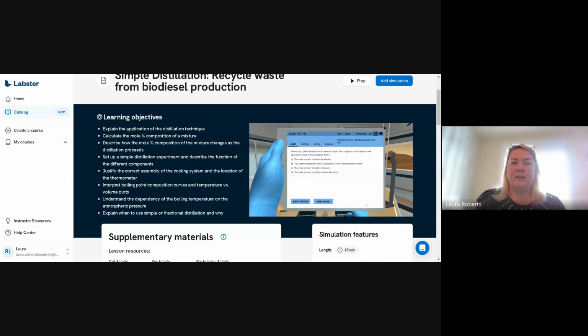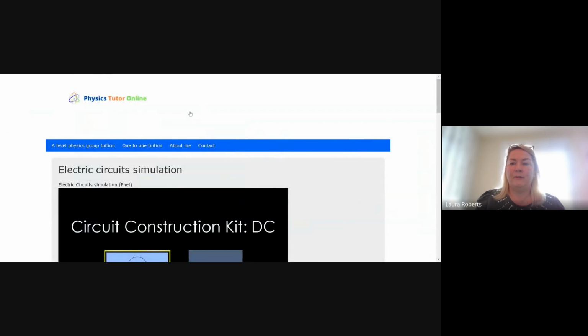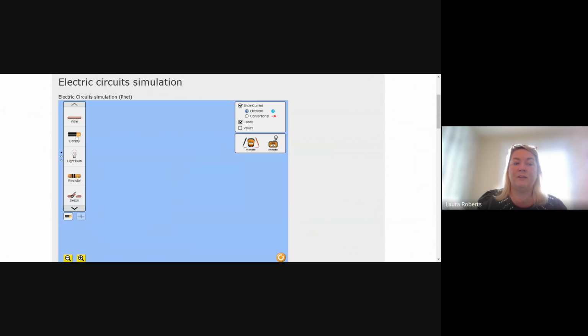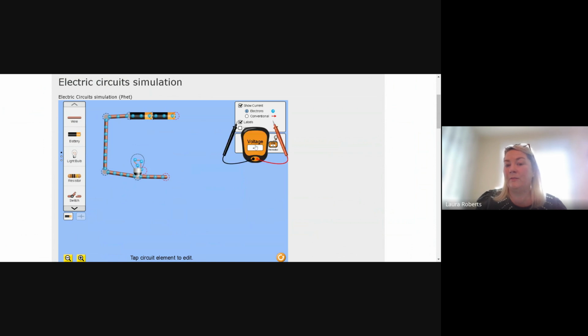Got another example here because currently with another group, we are studying electrical circuits, and we can go to the lab here and we can actually construct circuits. So it's the same as what students would be doing in a classroom. They would have their wires, they would have their batteries, they're able to attach their light bulbs, and we can make series circuits, and we can make parallel circuits, and we can also use the voltmeter to test the voltage.